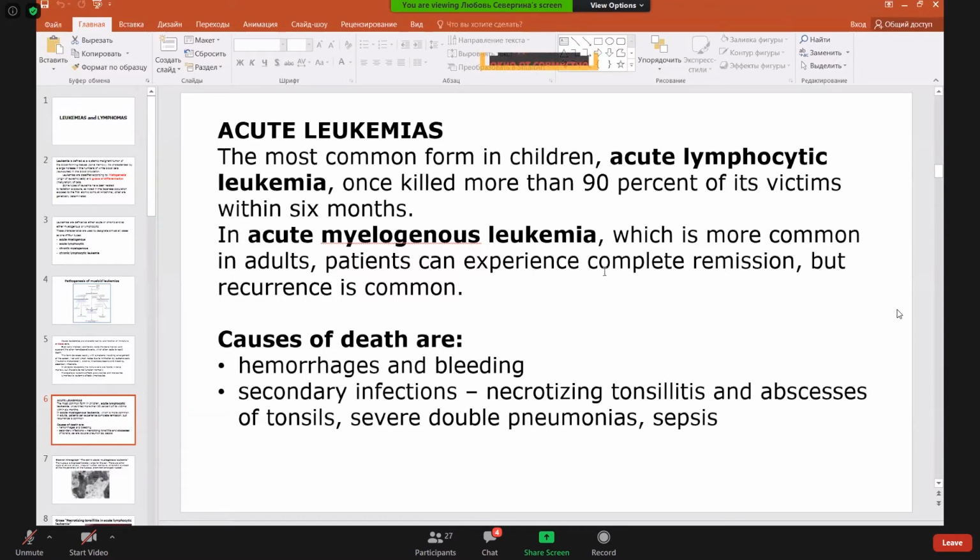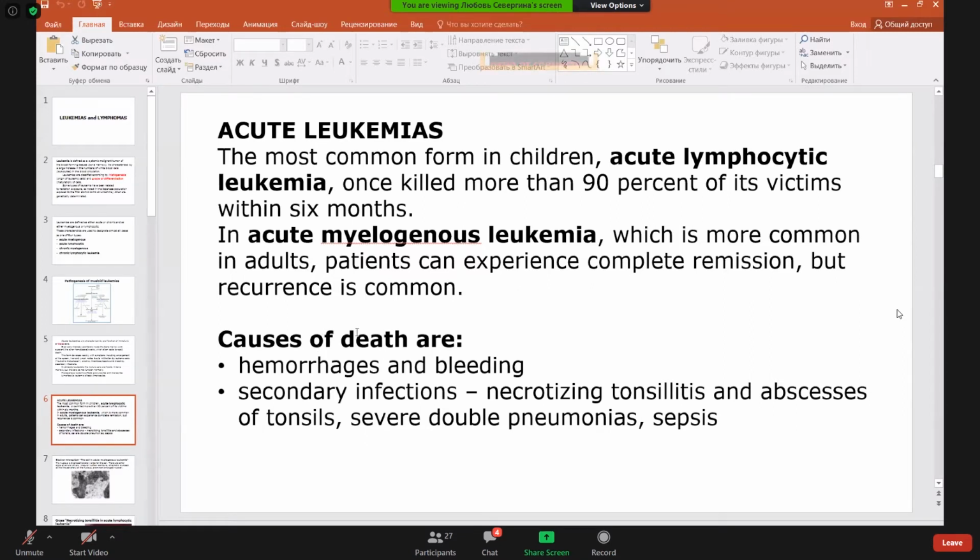Patients can experience remission, but the recurrence of the disease is common. So in acute myelogenous leukemia, the doctor can reveal the alternating periods of activation of the disease and the remission of the disease. And acute myelogenous leukemia can be revealed predominantly in adults, in old patients sometimes too.